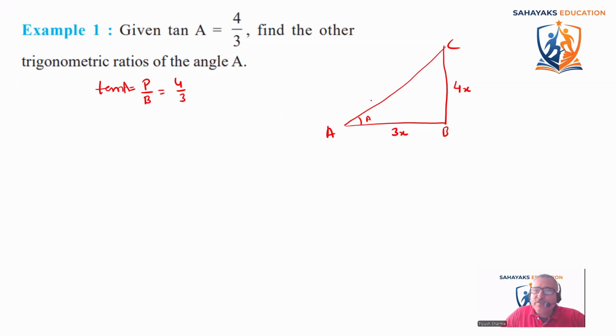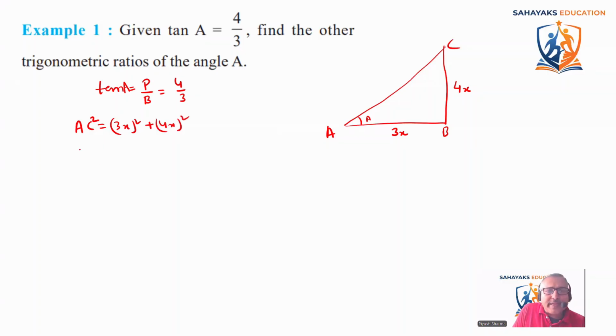Now we have to find the value of the side AC. The side AC we can find using the Pythagoras theorem. It's not sine, it is side. I just cleared it up. So AC square is equal to, by Pythagoras theorem, 3x square, that is base square, plus perpendicular square, 4x square.